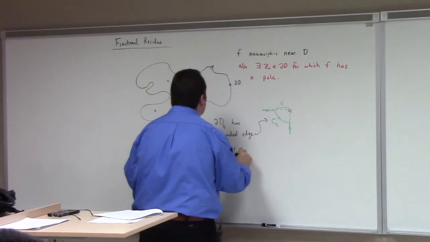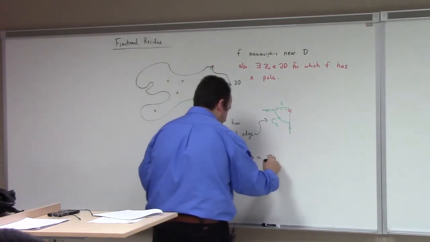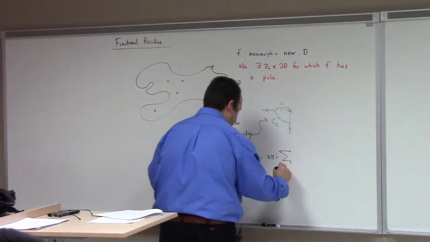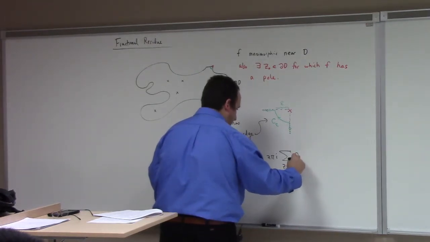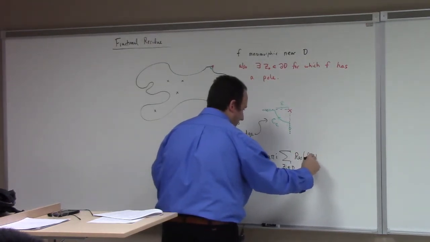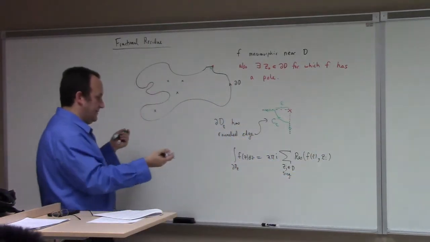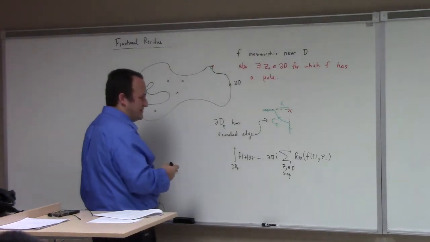of f of z dz is equal to 2 pi i sum over z_i in D singular of residue of f of z at z_i, yeah? So the residue theorem. But then the thing is, we can look at this as what?